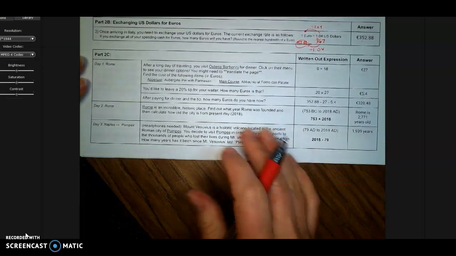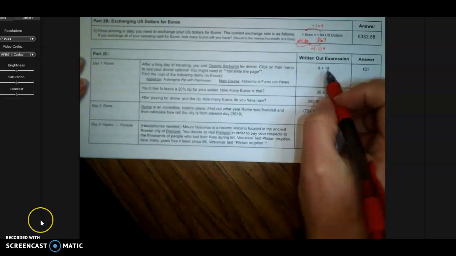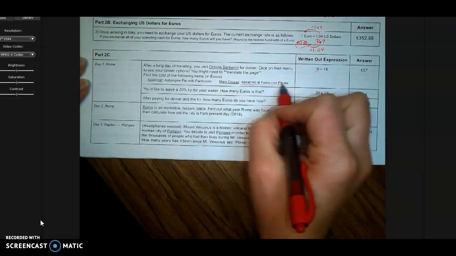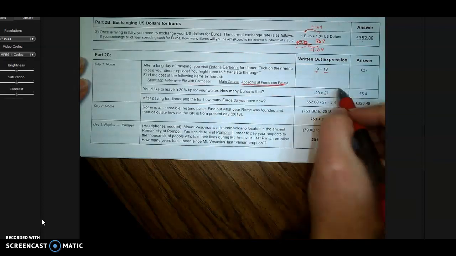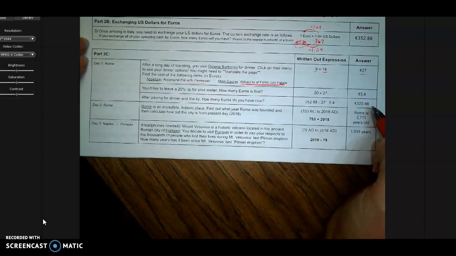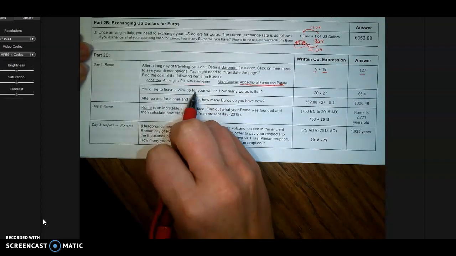Now once I'm in Rome, it says I go to dinner. This is my appetizer right here. The aubergine pie was 9 euros, and this is my lamb right here was 18 euros. So I've spent 27 euros, and then it says I want to leave a 20% tip.